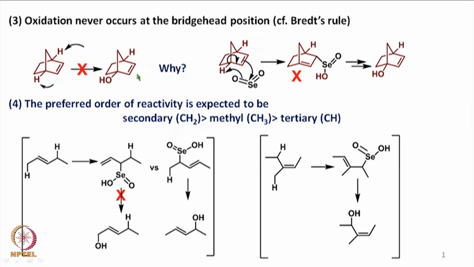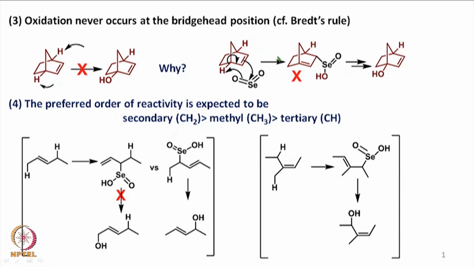That is because when selenium dioxide reacts with this bridgehead-based compound, then what we expect is to form a selenium intermediate of this type, where a carbon-selenium bond has formed between this carbon and this selenium, followed by the removal of a proton from here, which leads to the formation of a double bond at the bridgehead.